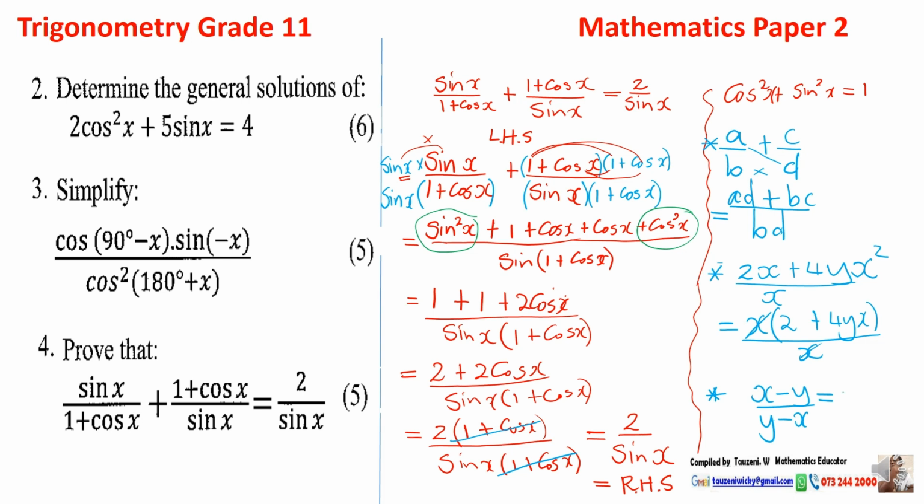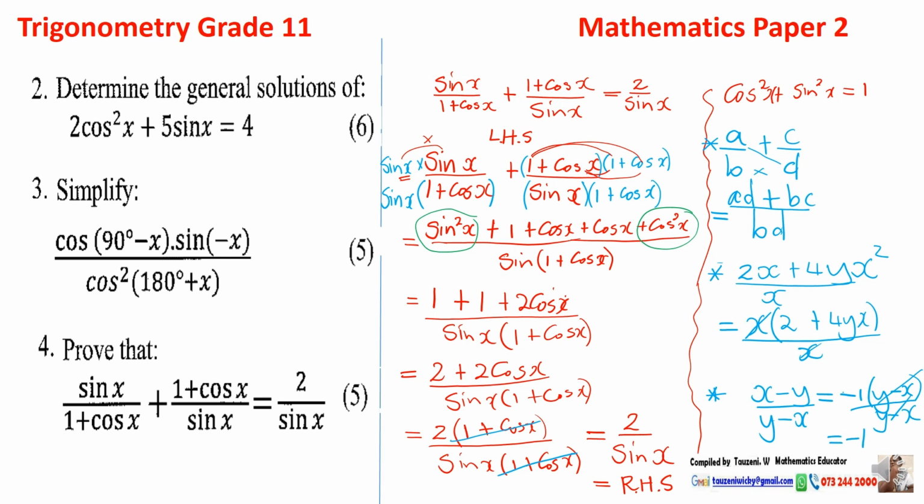So if you factor out negative 1 from the top one, the first number becomes negative and the second one becomes positive. If you write starting with the positive one, it will basically become y minus x. Then the bottom one is also y minus x. After this, the common factor can be divided out and the answer is equal to negative 1.